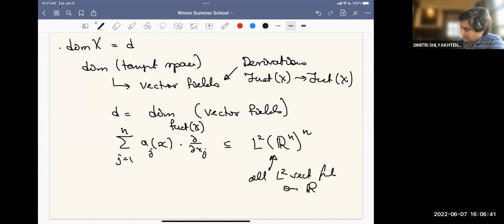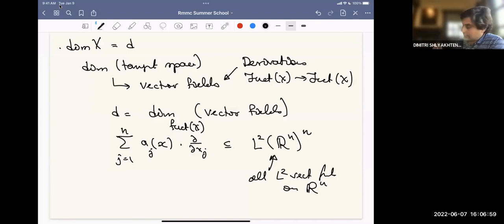These are all vector fields, say L2 vector fields on R^n. But of course, not every vector field on R^n is tangent to our manifold. And why is it not tangent? Well, because it can have a destructive effect on our relations. In fact, one of the things that a vector field should do is preserve relations.